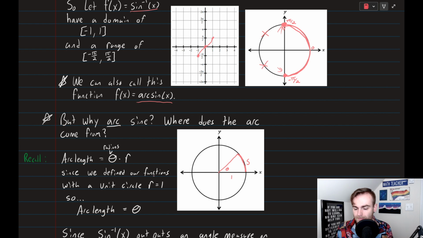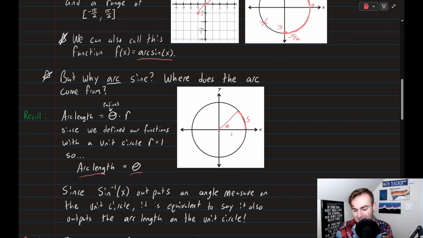But we define the unit circle to have a radius of 1. So for the unit circle, the arc length is equal to the angle in standard position, which means that since the sine inverse outputs the angle measure on the unit circle, and that is equivalent to the arc length formed from that specific angle, they are equivalent and therefore mean exactly the same thing.